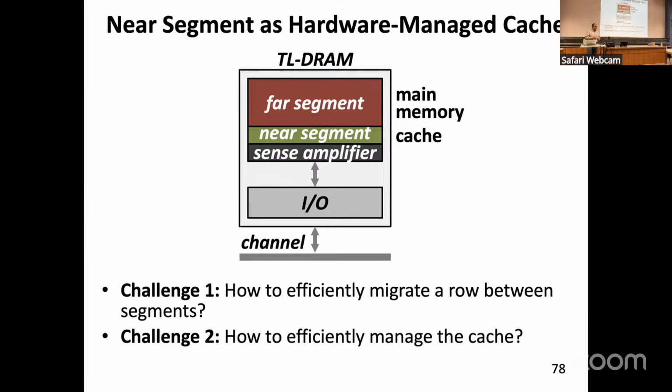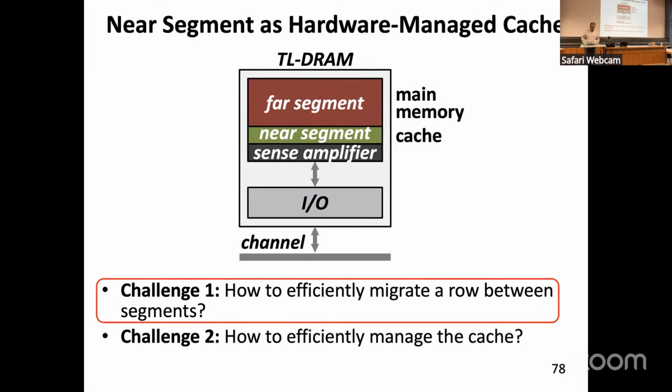So there is a lot of opportunity to optimize it more, by customizing our cache management techniques for such a new baseline. But in this work, we didn't do that much. We just used simple LRU, least recently used, as the cache replacement policy, and we just wanted to show what the effect would be. But of course, people can do much more optimization here.